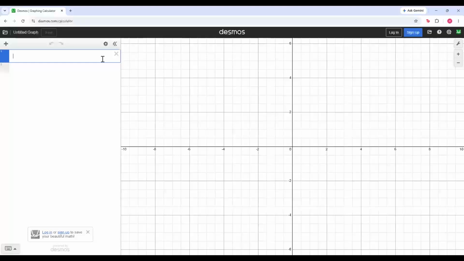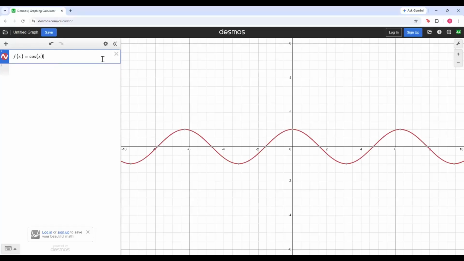So I'm going to name one of my graphs f of x equals cos of x, right? That's a normal function. This is a normal cos function, right? It has a maximum value at 1 and a minimum value at -1. If I make another graph, g of x, and I make it equal, oh, is it blank?